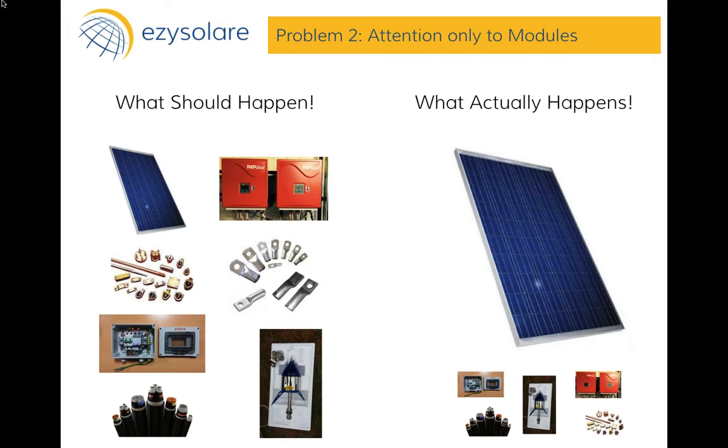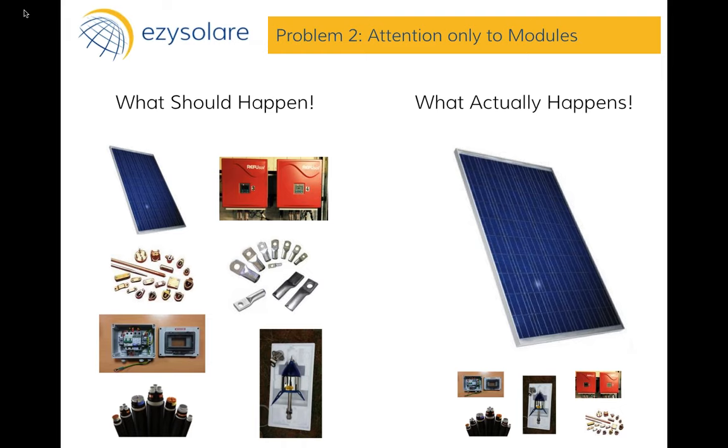The typical dialogue that an EPC contractor or its business development division has with its clients is about modules, at best about inverters, and the warranty conditions about these two, and the rest of the bill of materials is tucked away neatly, which shouldn't be the case.